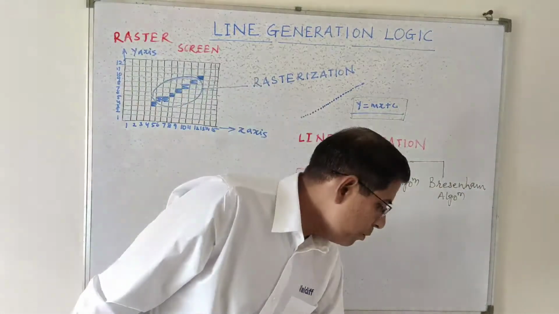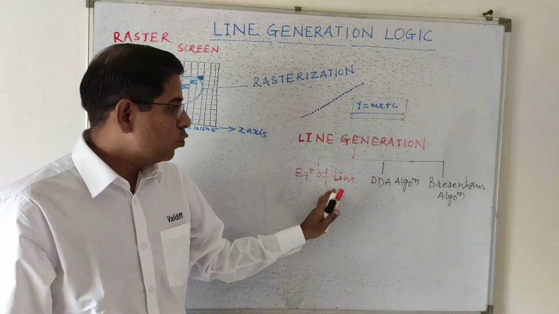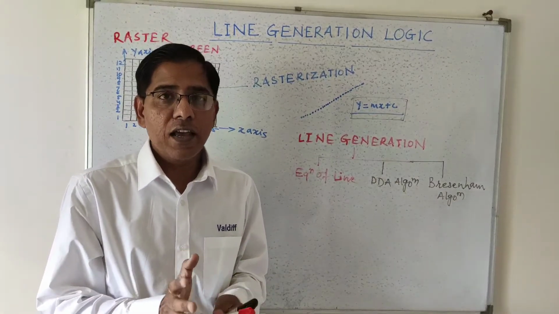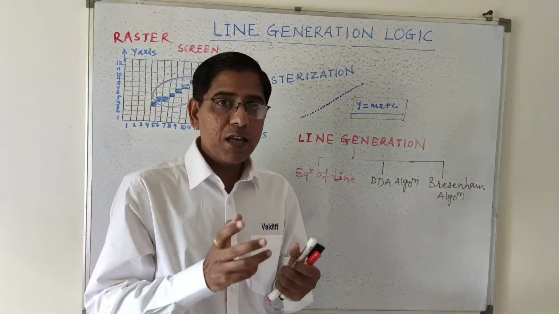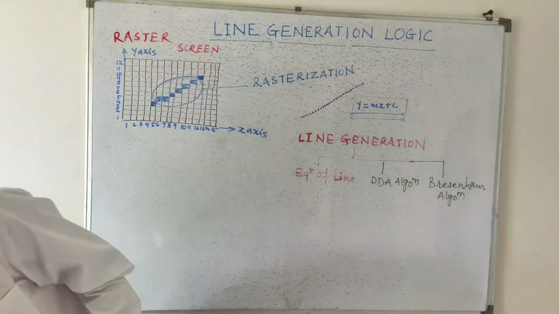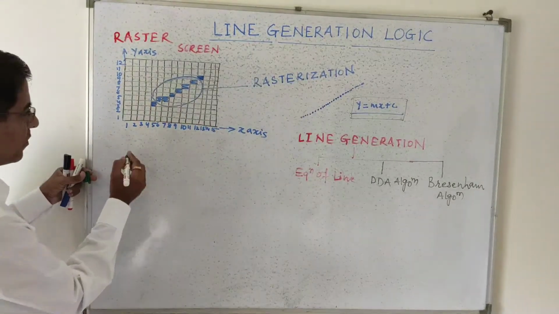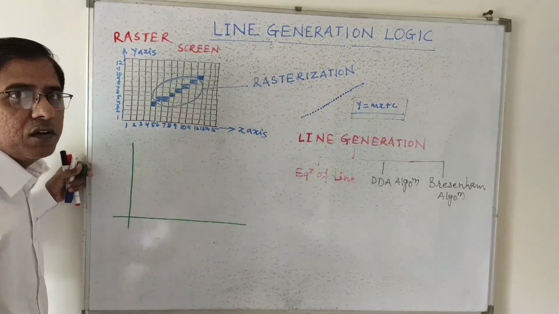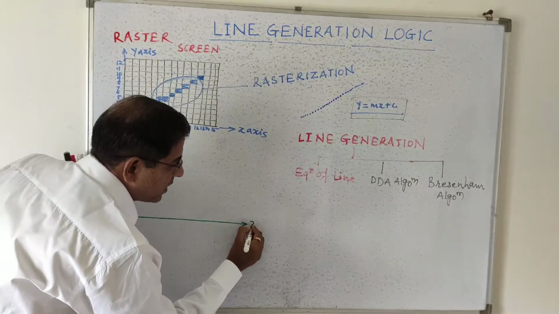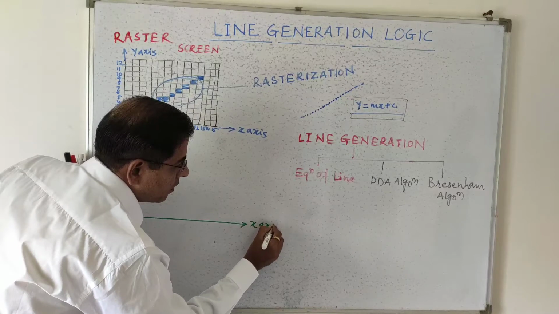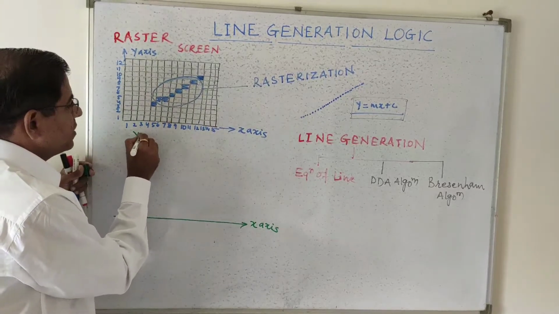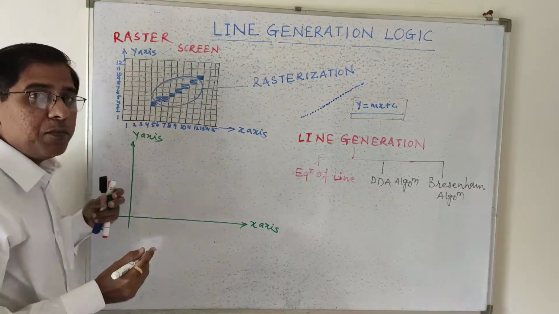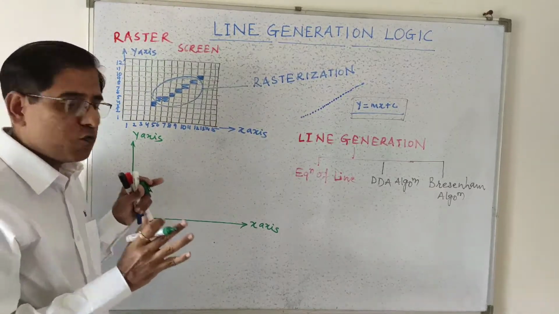Okay. Now before moving on to these logics, first we try to understand what is a line and what is the mathematics behind a line. If you draw a line on a graph where this is the x-axis, this is the y-axis, then I can draw a line in various forms.